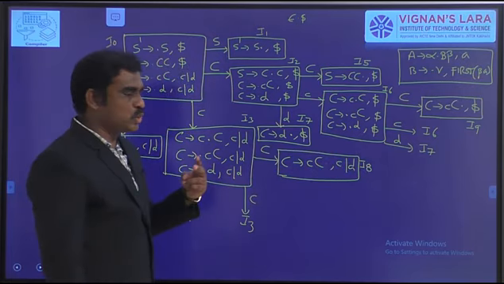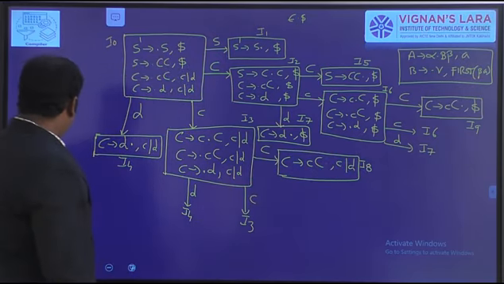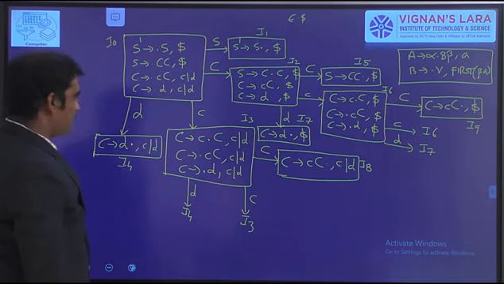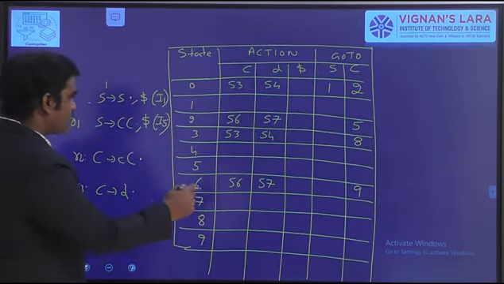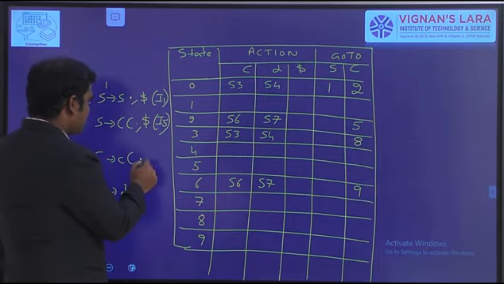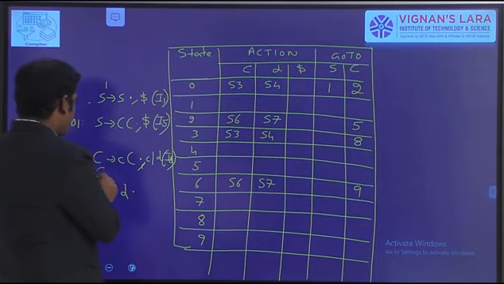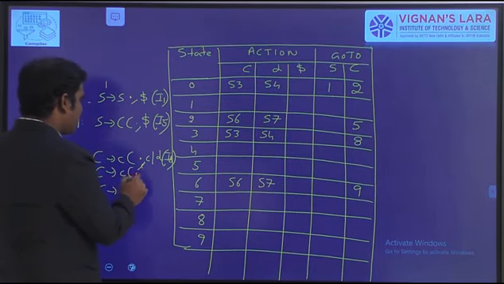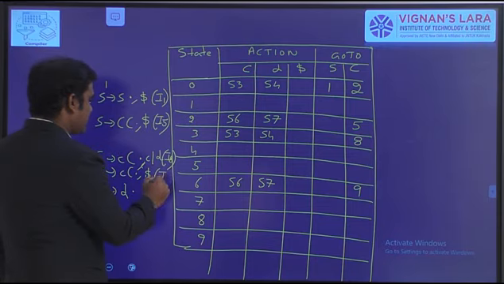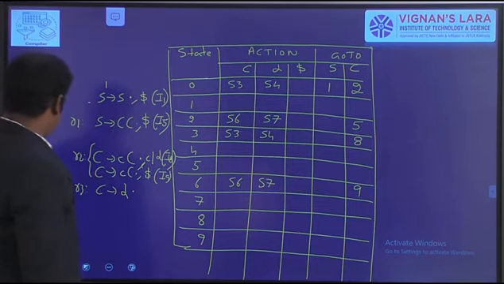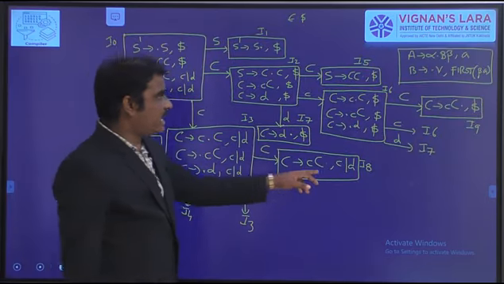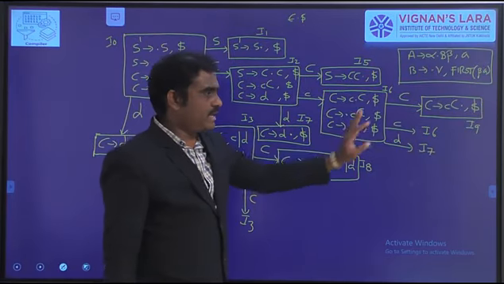So we have two possibilities, and we have to include both. One is I8 and the second one is I9.